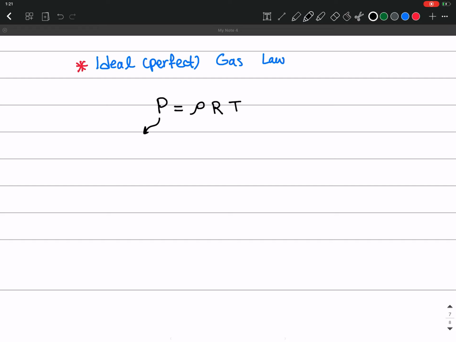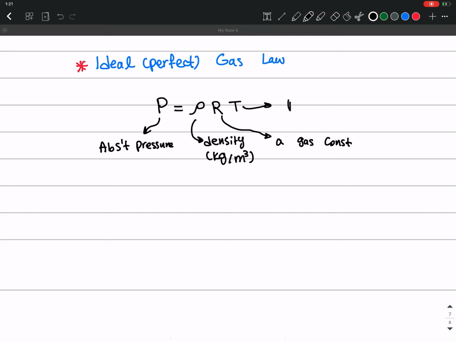So P is absolute pressure. Rho is density, and the unit is kilogram per meter cube. R is a gas constant, which you can find from tables, and we will give it to you if needed.